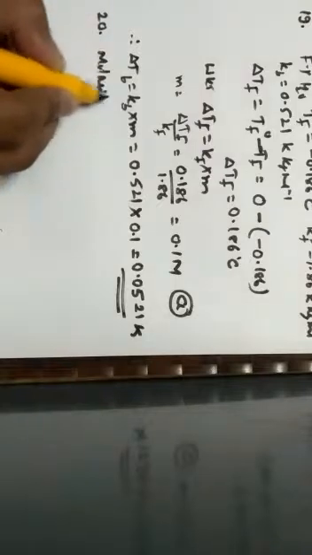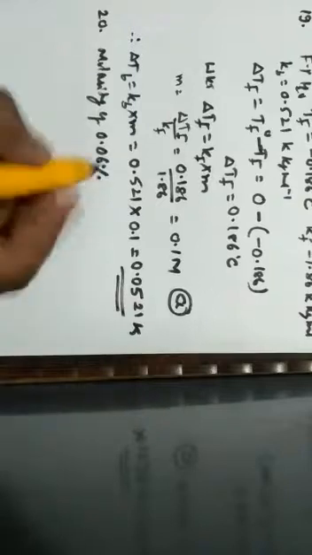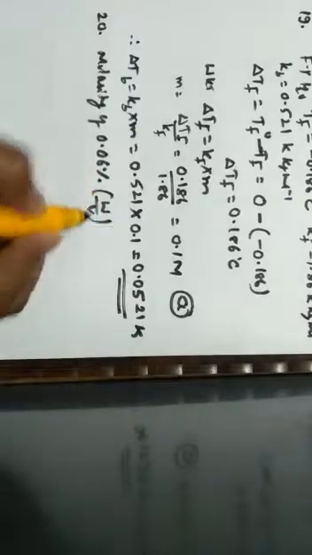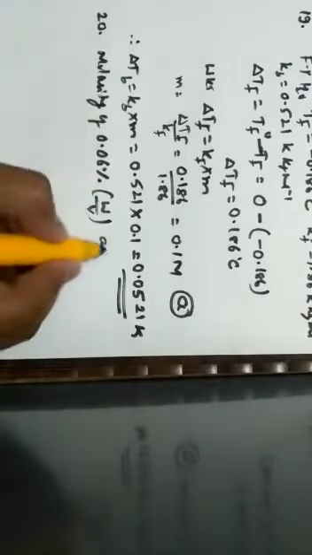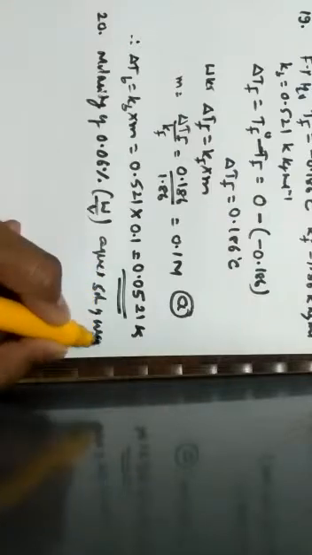Next one, question number 20. A 0.06 percentage aqueous solution of urea is isotonic with which solution? Molarity means mass by volume, of aqueous solution of urea.